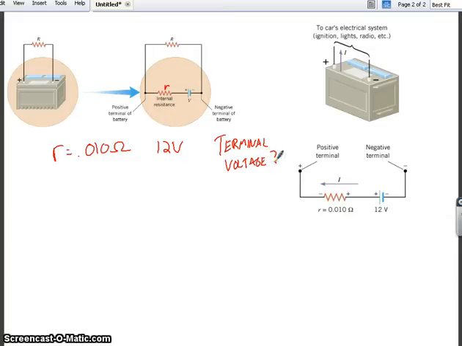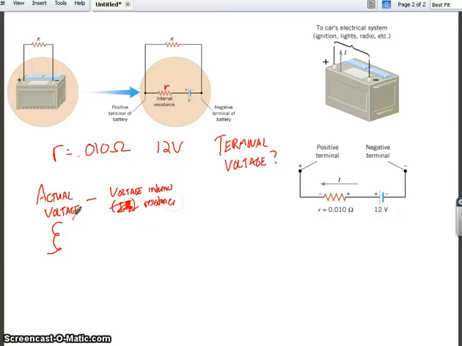So this is going to lead us to an equation right here. We're going to have the actual voltage, or the EMF, minus the voltage due to internal resistance.